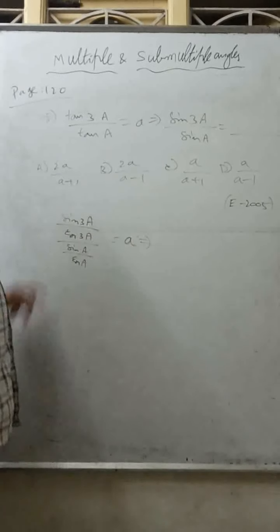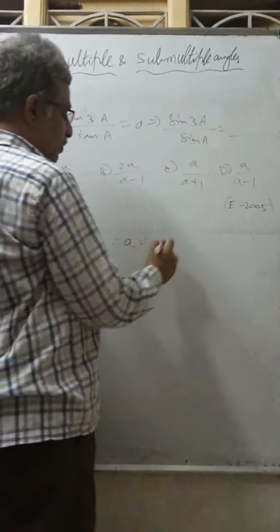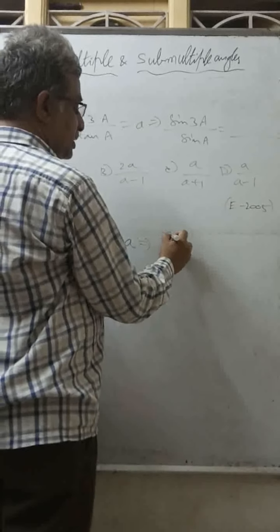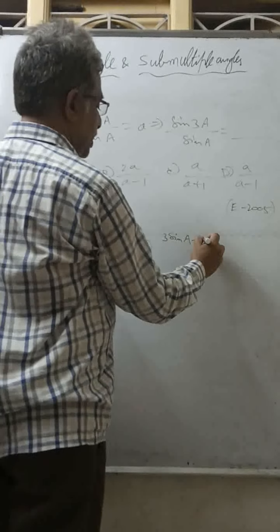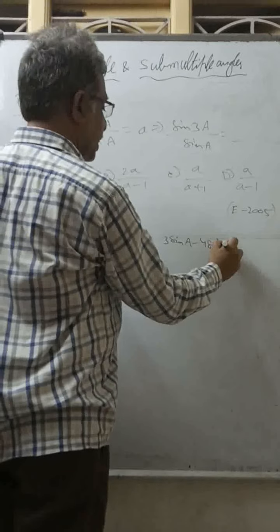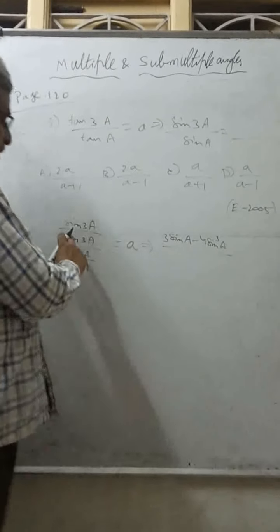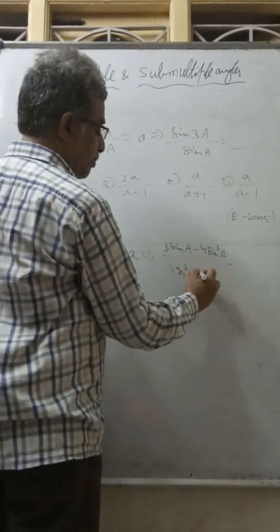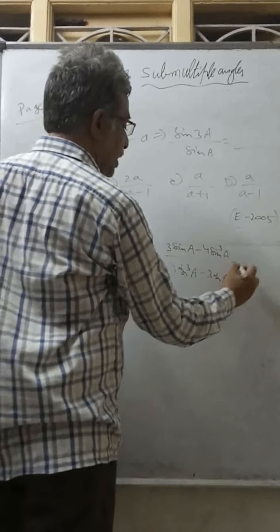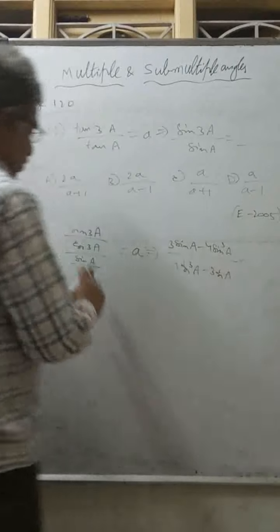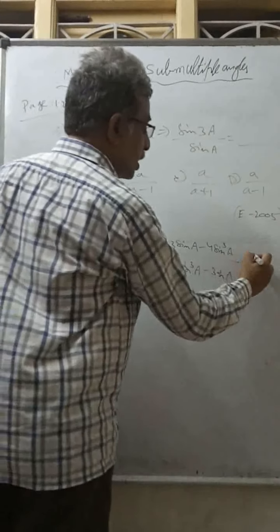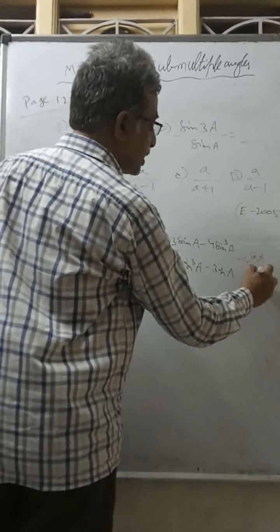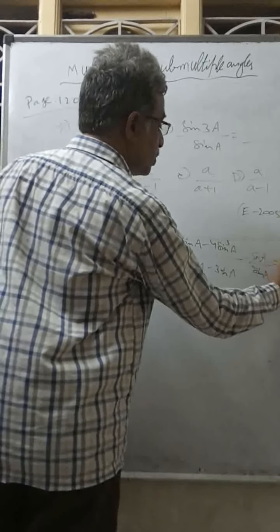Now why I am writing this is, I know the sin 3A formula. What is that? 3 sin A minus 4 sin cube A, by the cos 3A formula I know, 4 cos cube A minus 3 cos A, into the reciprocal, cos A by sin A, equal to a.